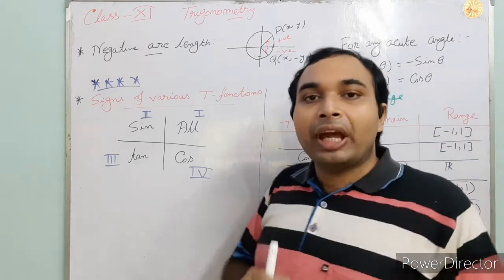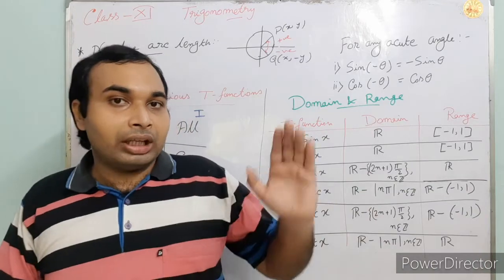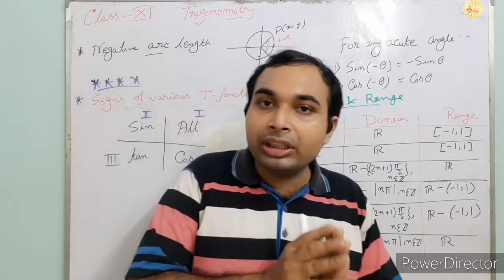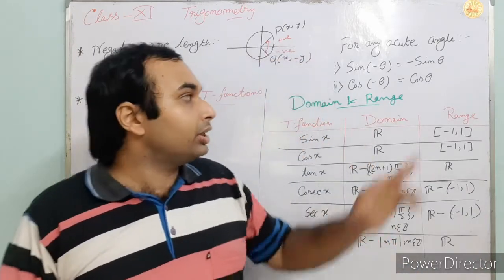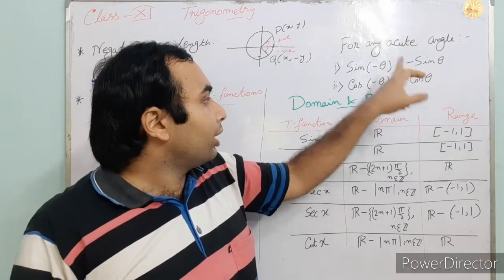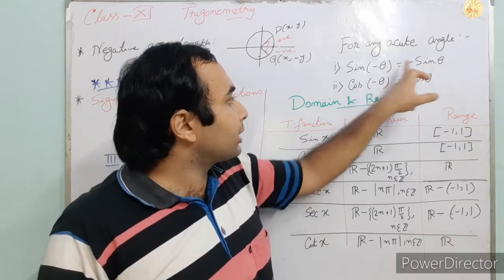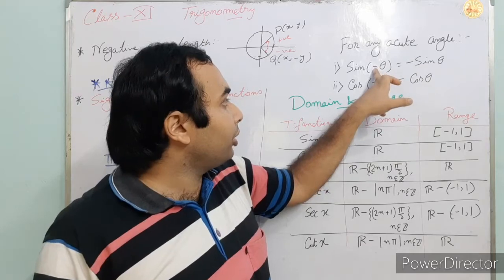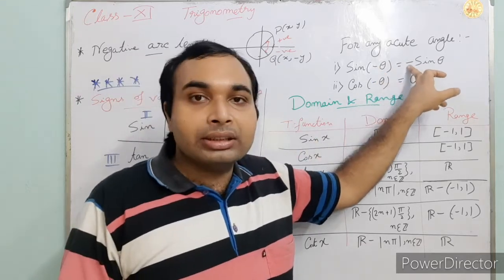That means the numerical value will not change, and the sign will not change for cos, but for sine the sign will change here. It is sine of minus theta, so it is minus sine theta.